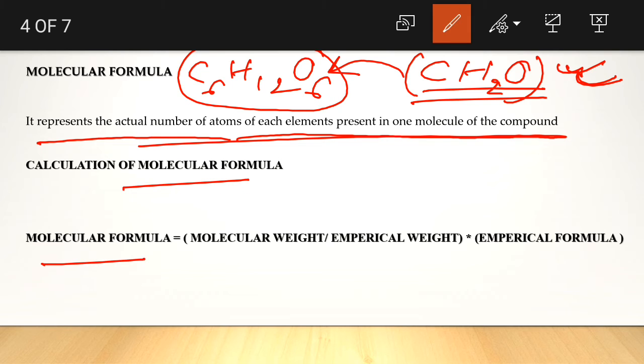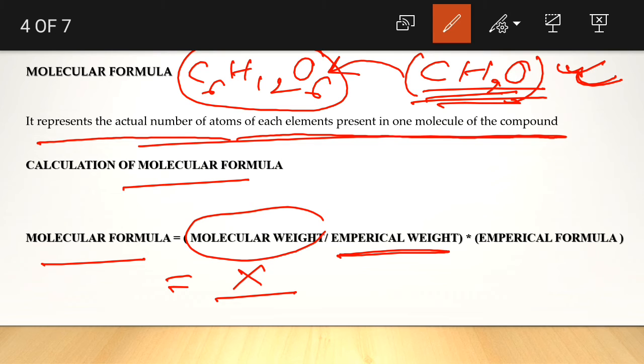So the molecular formula will be the molecular weight divided by the empirical weight, into the empirical formula. Suppose you know that the molecular weight of this compound is X, and you have to divide this X by the empirical weight.